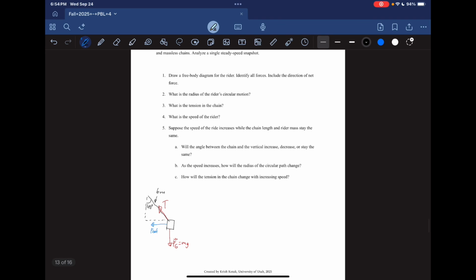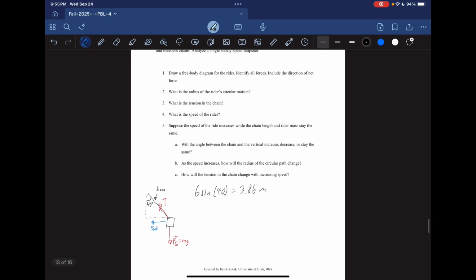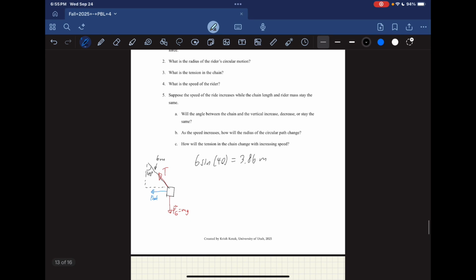That would be 6 sine of 40, because it's opposite the angle. If you plug that into the calculator, it's 3.86 meters. Next question is the tension in the chain. And that one's going to be much more interesting.